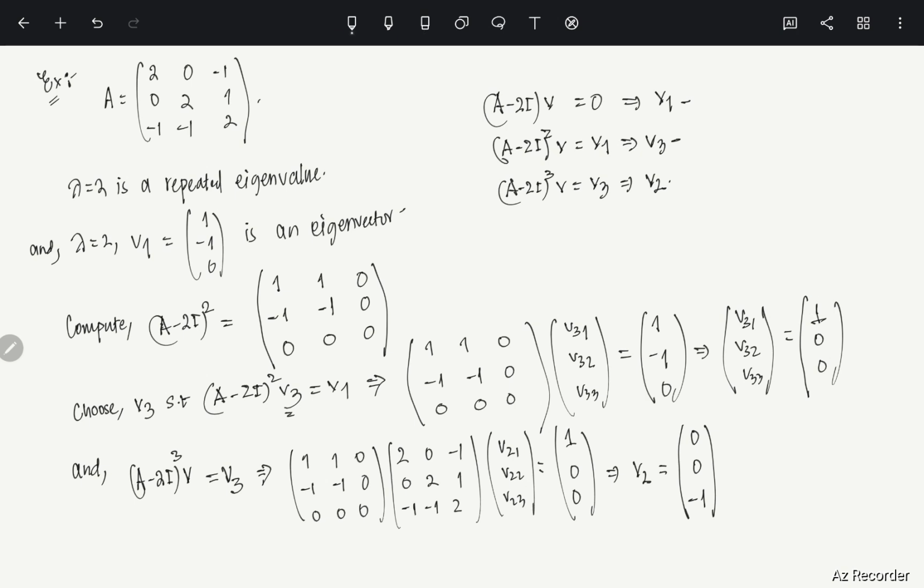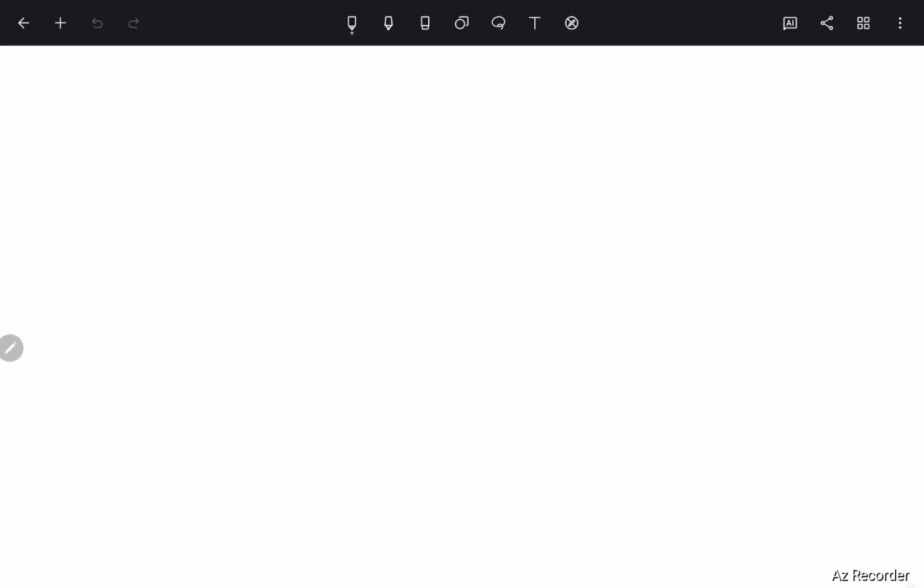Now we need to write down the diagonal element. How is it supposed to be written? Basically we let T of e1 be v1, T of ei be vi for i equals 1 to 3. So what is T?